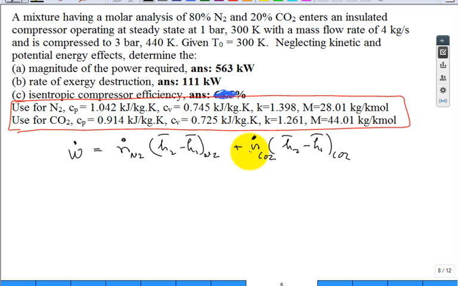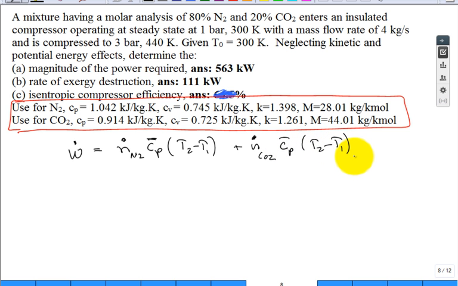How would you change? Well, you'd replace this by C sub P, T2 minus T1. And if you stayed with the molar flow rates, you need the C sub P bar, T2 minus T1. This would be of the nitrogen. This would be of the carbon dioxide.